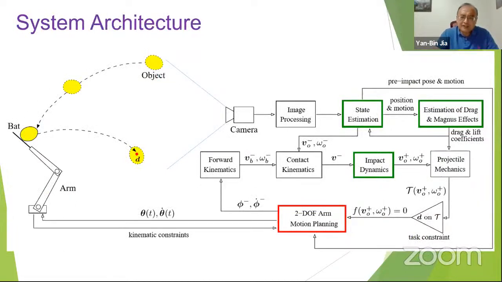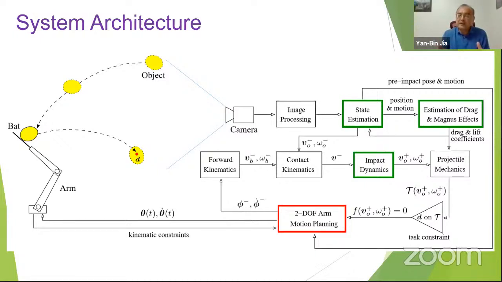So here's the system architecture. As you see, the object on the left of this diagram is flying, and it's captured by a high-speed camera at a frame rate of 150. These frames of images are sent to image processing. Those features are identified and given to a state estimator to estimate the current velocity, angular velocity, position and orientation of the object.